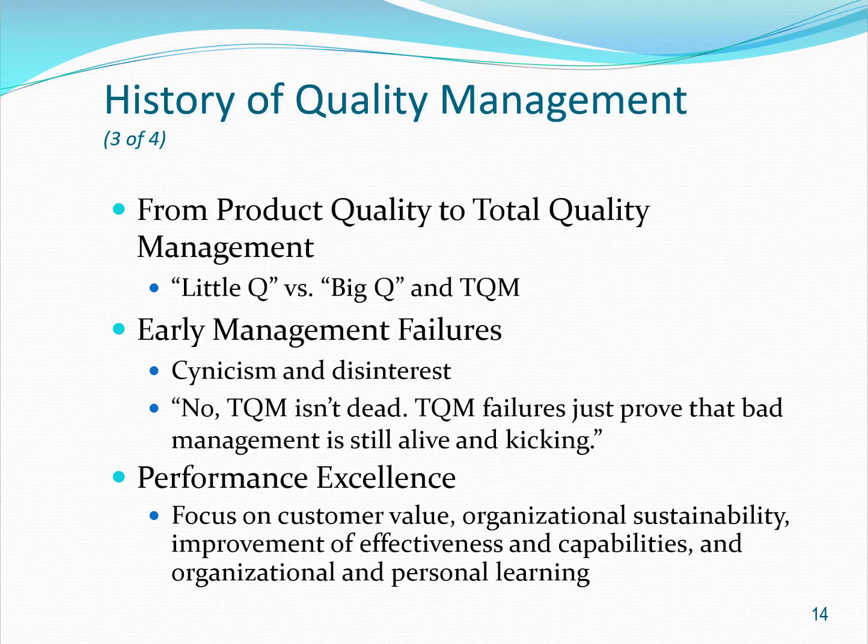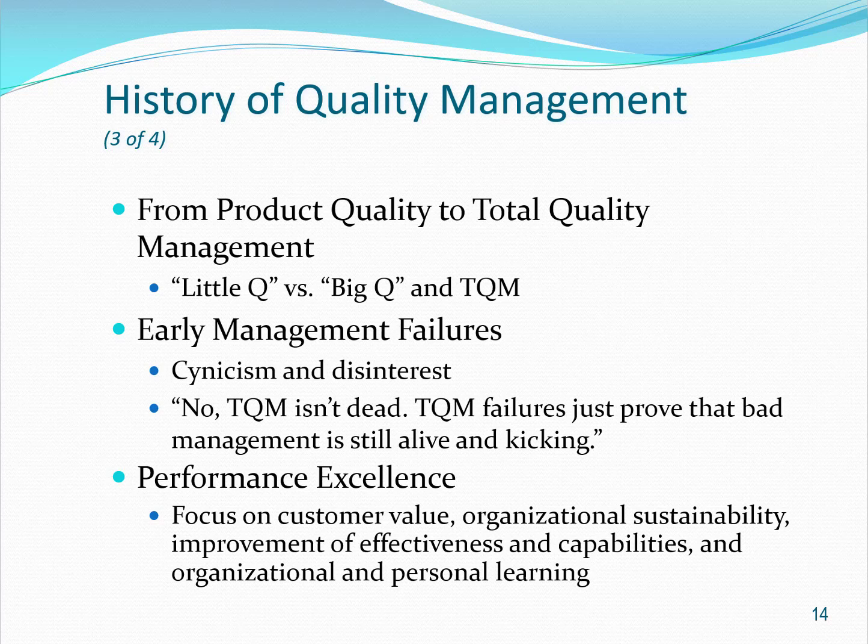So TQM may have faded away in terms of people calling it TQM, but it got even stronger. It served as a foundation of what we call today performance excellence.